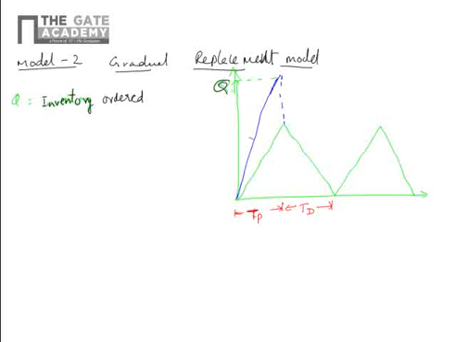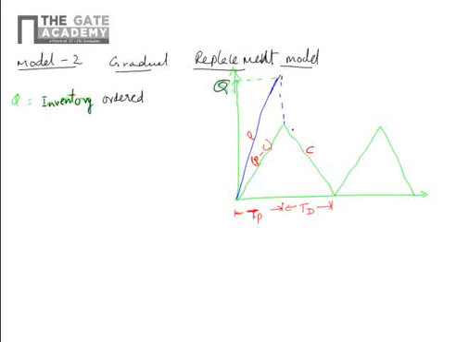This point is P, production, and this rate difference is consumption rate, C is consumption, and this one is P minus C. P is production, C is consumption, so the resultant is P minus C.